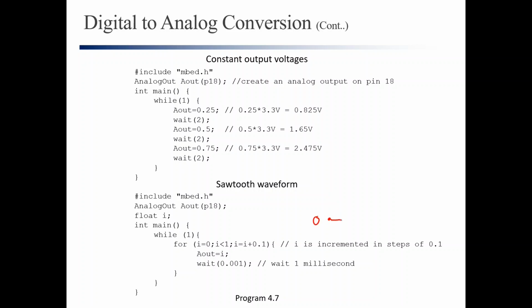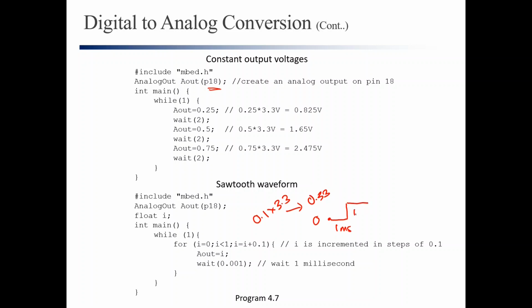After 1 millisecond, when i equals 0.1, the output at P18 will be 0.33, because this is 0.1 multiplied by 3.3, so you have 0.33.